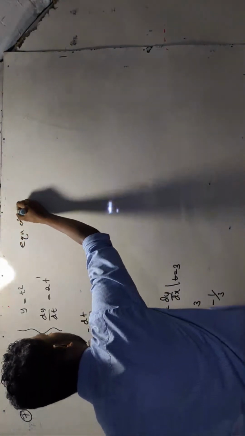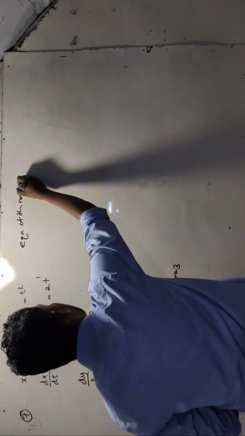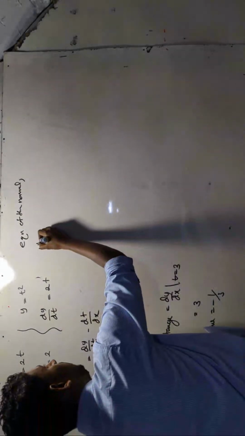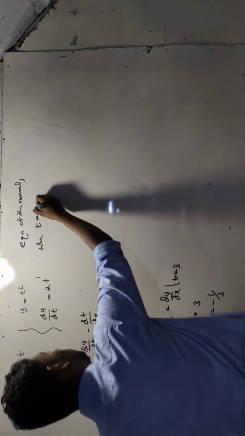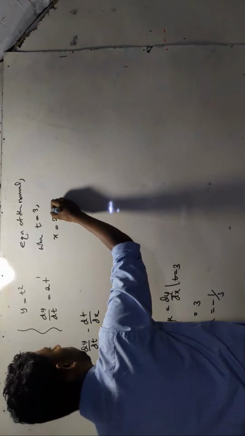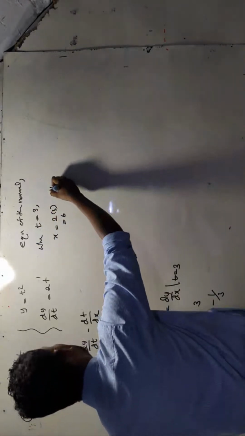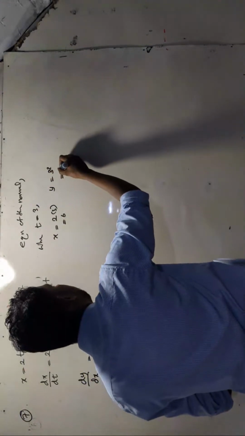Now we can find the equation of the normal. To find the equation, we need the coordinates of this P point. When t is equal to 3, the x coordinate is 2 into 3, that means 6. The y coordinate is 3 squared, that means 9.